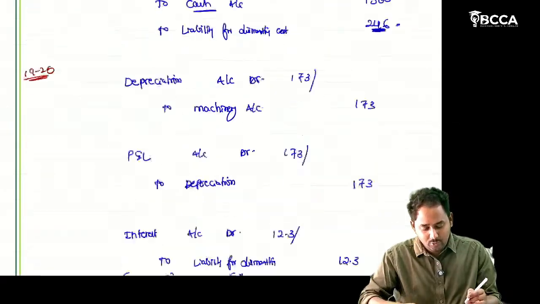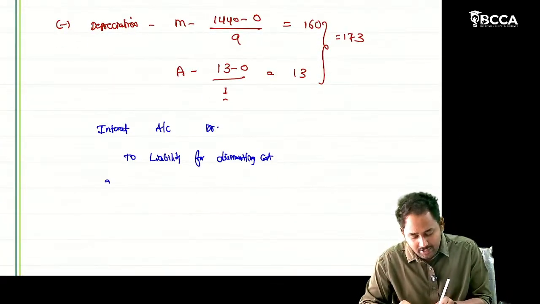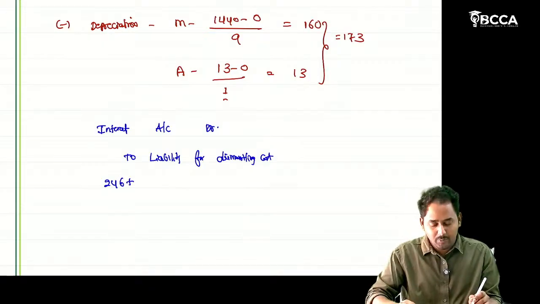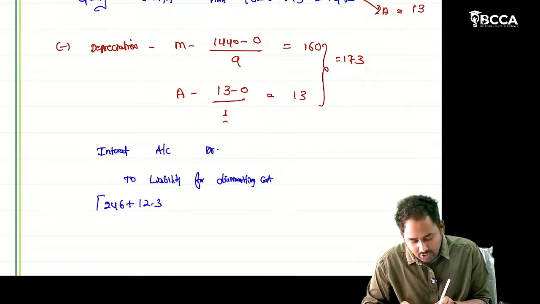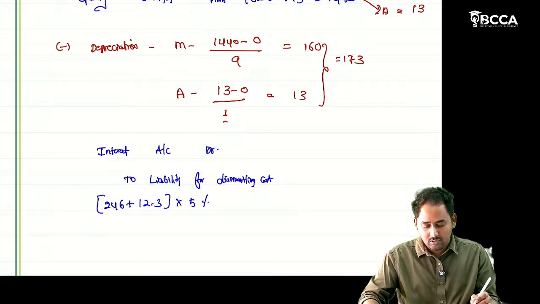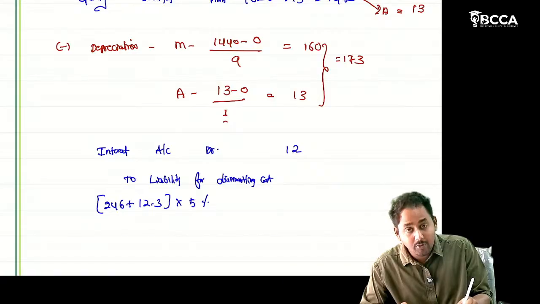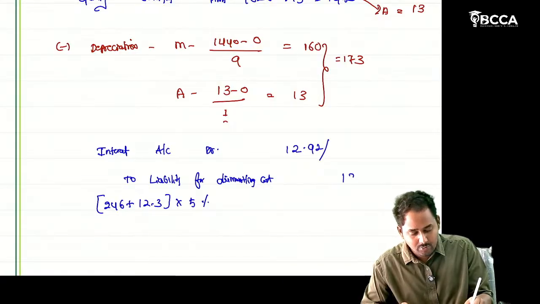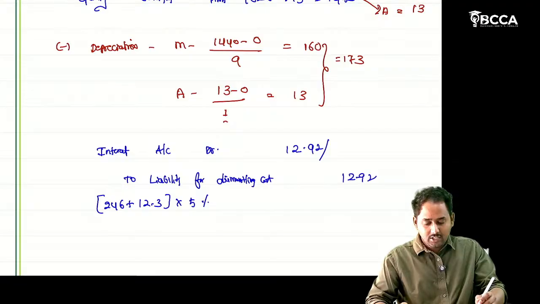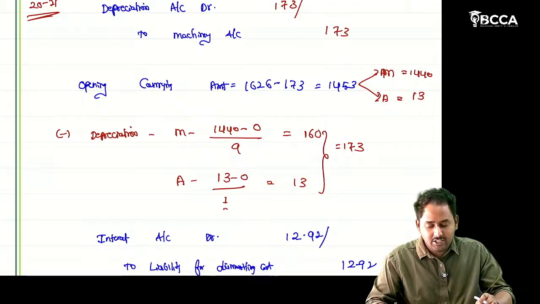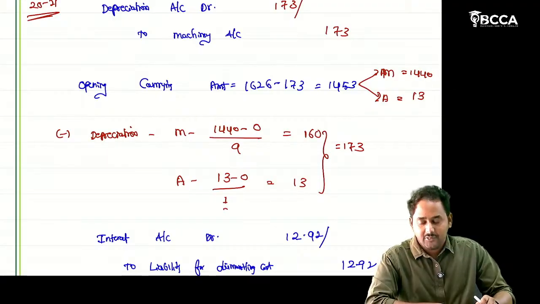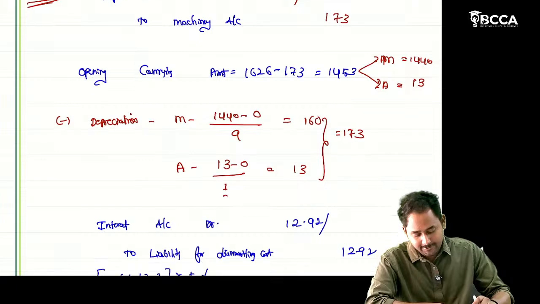Initially recognized at 246, and I have increased it by providing interest last year, 12.3. On this amount I should provide the interest rate of 5%. 246 plus 12.3 into 5% is 12.92. So these are the journal entries for providing the interest in the year 2021.